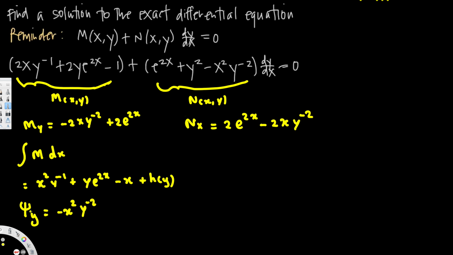We are finding the derivative of this one with respect to y. This is going to be just e to the power 2x, right? E to the power 2x, and this is going to be minus 1, and plus h prime of y.